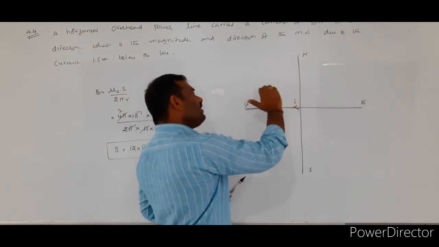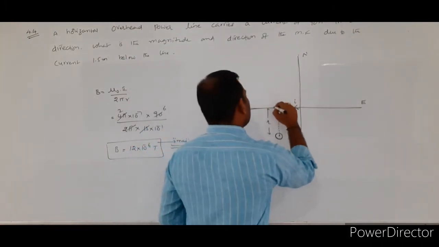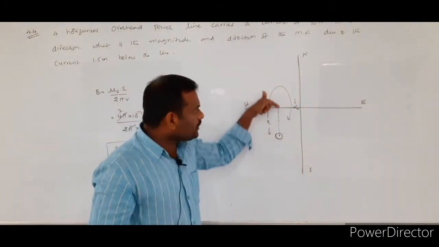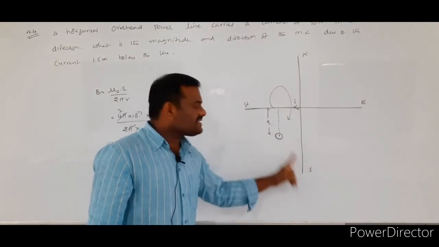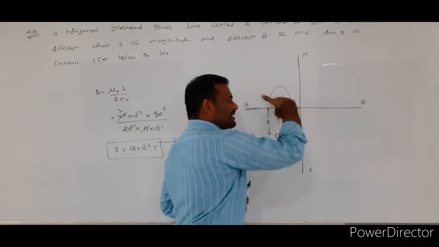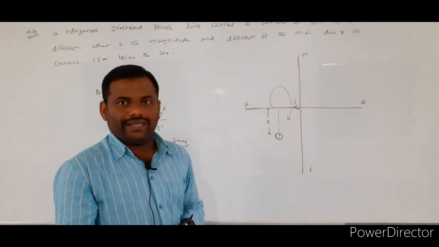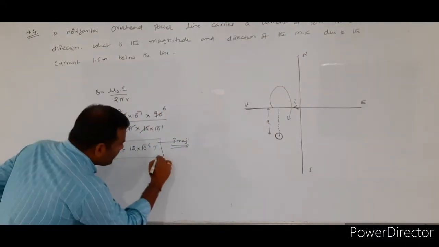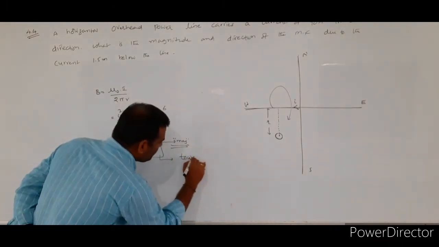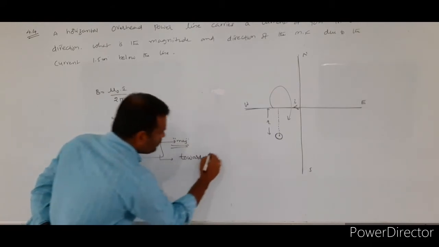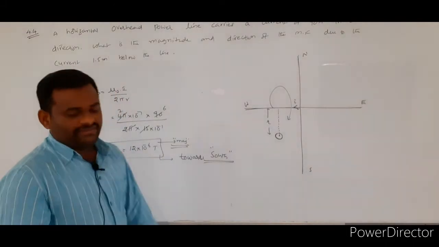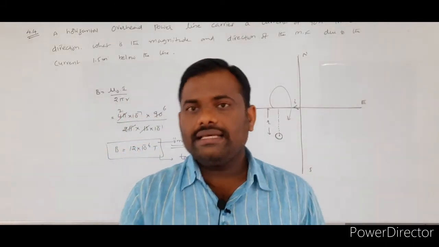So here, if you curl the fingers, the fingers will be directed towards south. If you curl the fingers, the fingers are going vertically downwards at the point P. So the direction of the magnetic field is acting towards south. So to get the direction of the magnetic field, simple imagination.